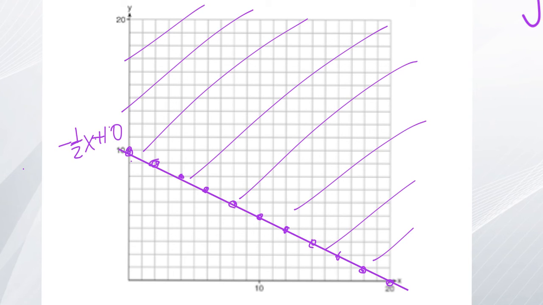Now the second inequality was y is less than or equal to negative x plus 15. So that means our y-intercept is at 15 up here, and our slope is negative 1. That's really easy. That just means it's going down 1 and then 1 to the right, just like so.